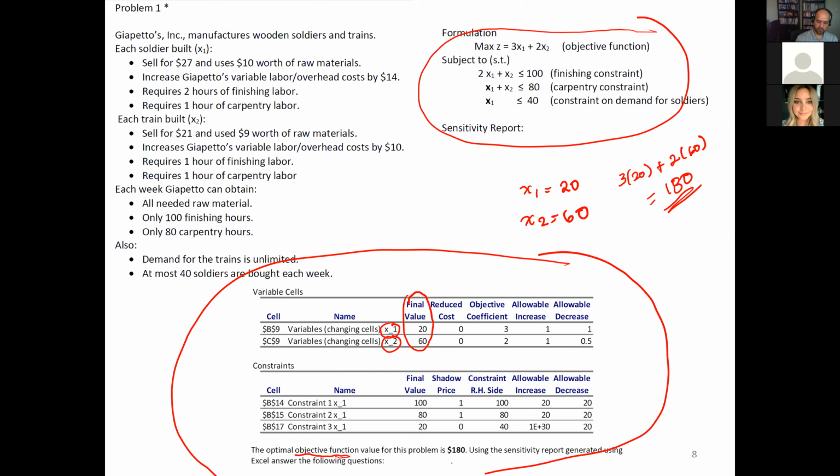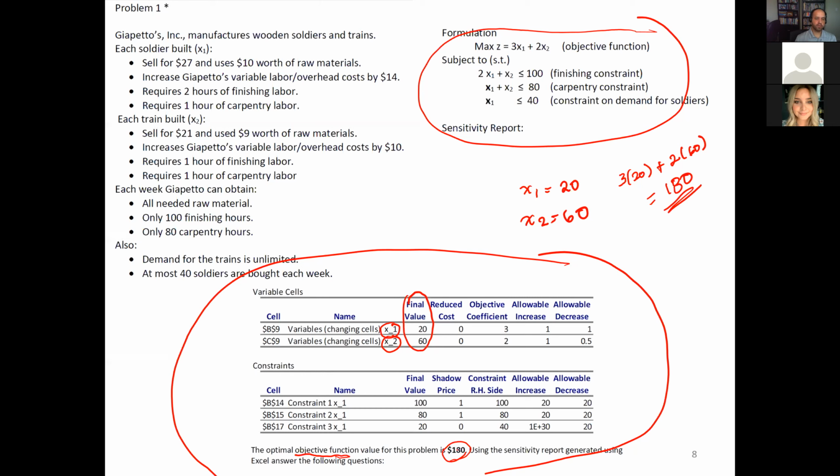So the objective function for this problem is 180. So now we have the optimal solution, we have the objective function value for the optimal solution, and we have this report, which is the sensitivity analysis report generated by Excel.